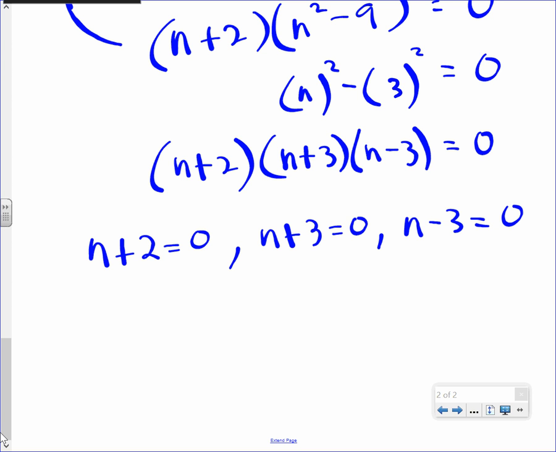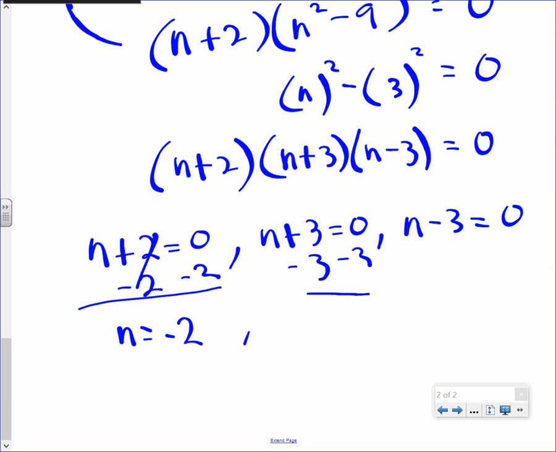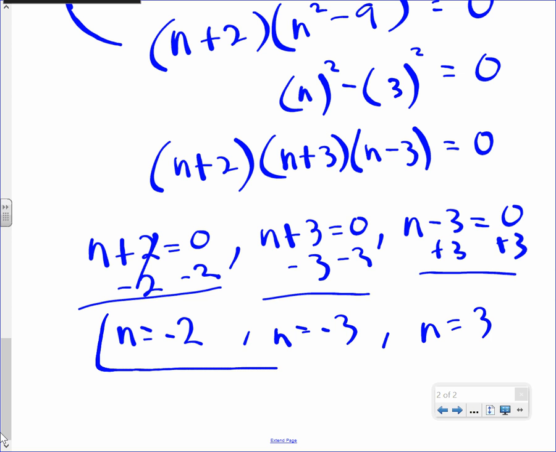You did simple equations like this. We'll subtract 2 here. N is negative 2. There's your first solution. Here, let's subtract 3. N is negative 3. There's your second solution. Last but not least, let's add 3 to get n by itself. N is positive 3. Here are our 3 solutions, ladies and gents.